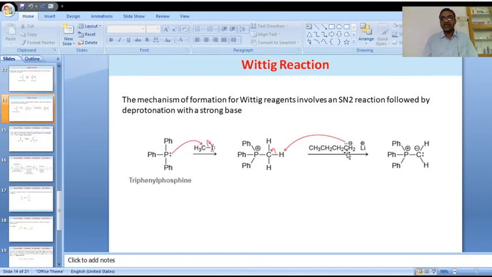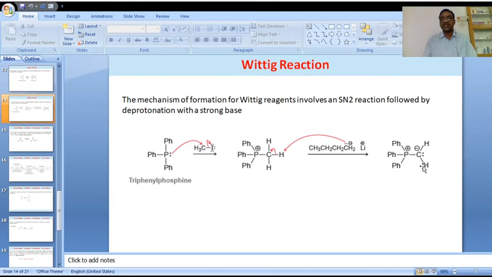Then the CH bond breaks and carbon gets a negative charge. Here the final product has carbon containing a negative charge, and phosphorus is a positive charged species in the phosphorane structure.